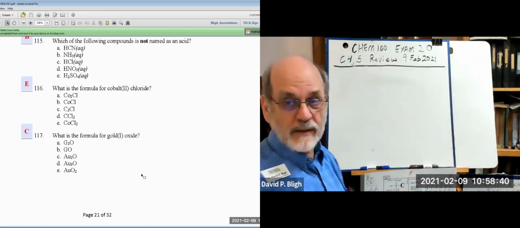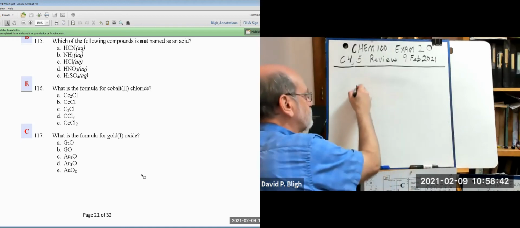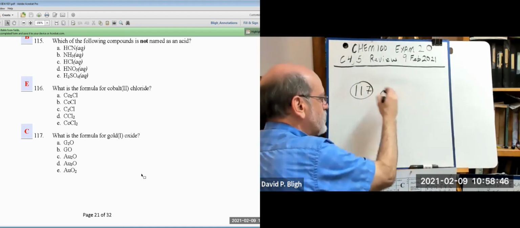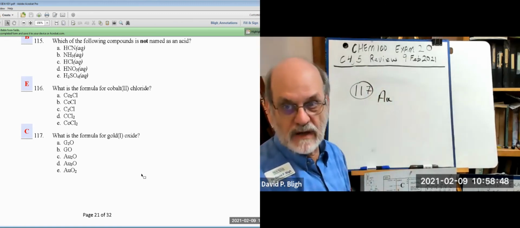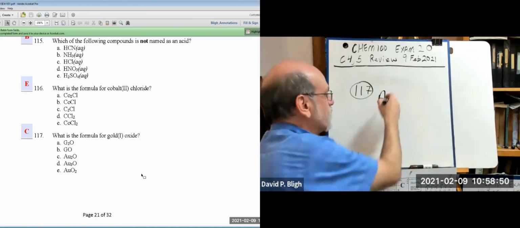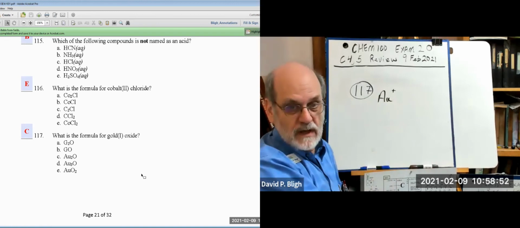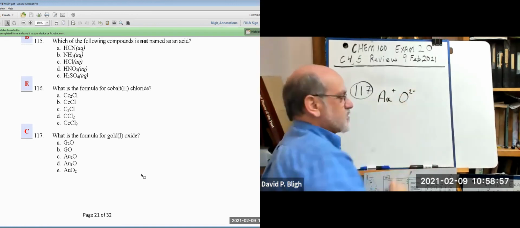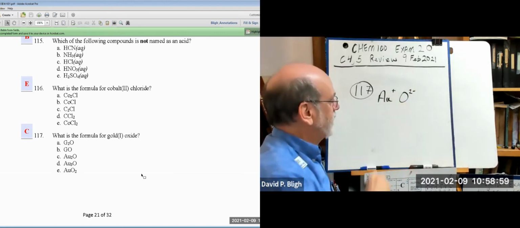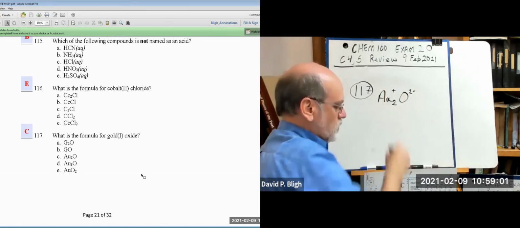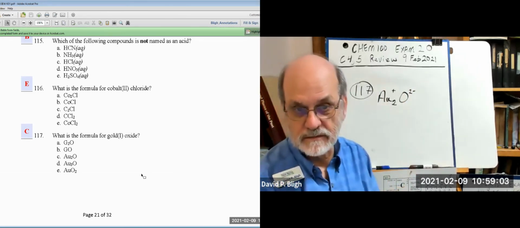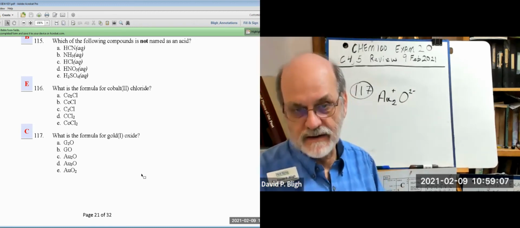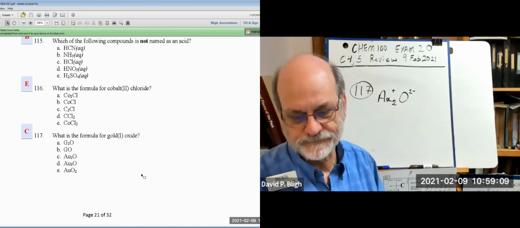So you need to know the symbol for gold. AU, the Latin aurum. And it has a +1 charge. And it's combined with oxygen, which has a 2- charge. Right. So you need two of those. So Au2O, C is the answer to that one.